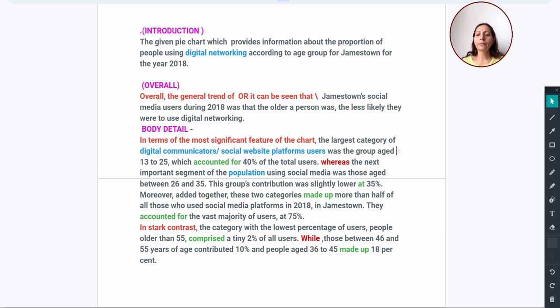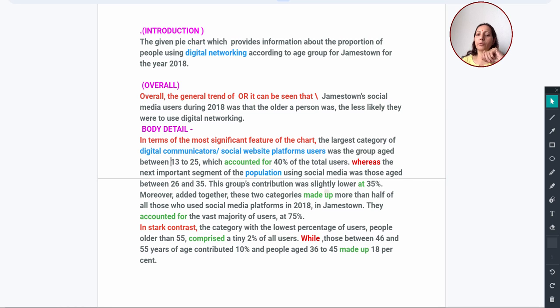Here also you can write between. Okay, this is capital letter I have written. Let me do it. Yeah. Here also. So whereas the next important segment is the age group between 26 to 35.